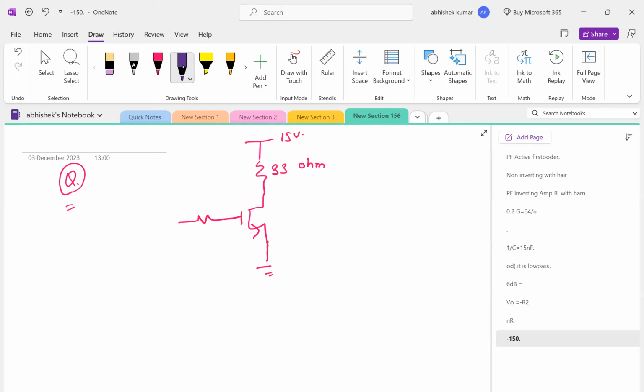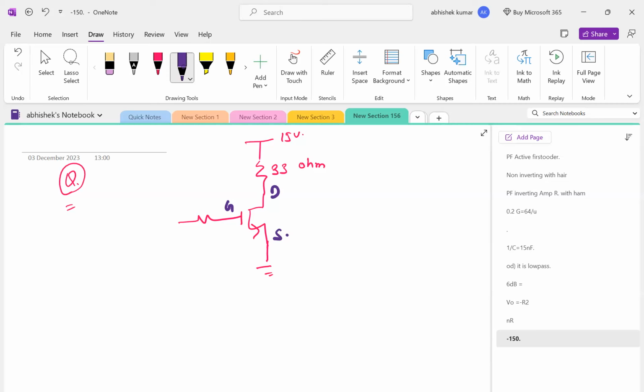Correct. Similarly, here we have one gate, we have drain, and we have source. But the important thing is that the BJT was a current control device, and the MOSFET is a voltage control device.